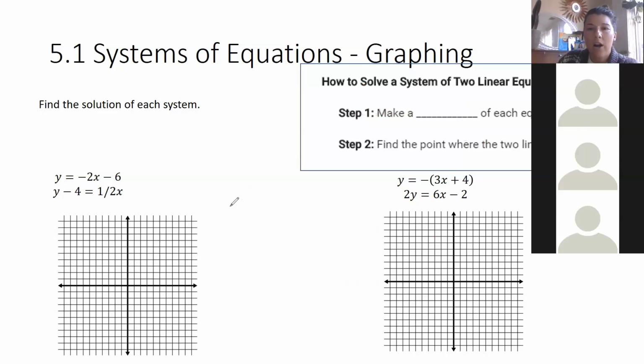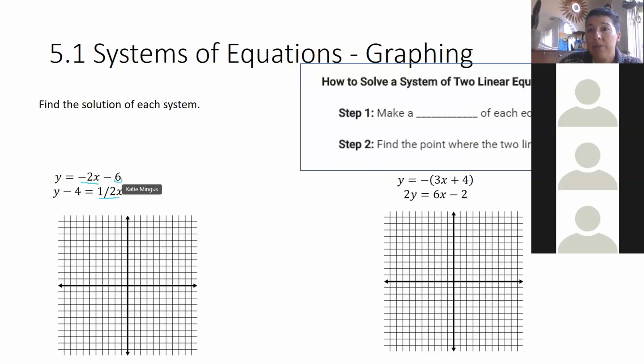Okay. All right, so now let's look at how we find a solution when we're not given a graph. So sometimes you're going to be asked to solve, and you're given 2 equations.